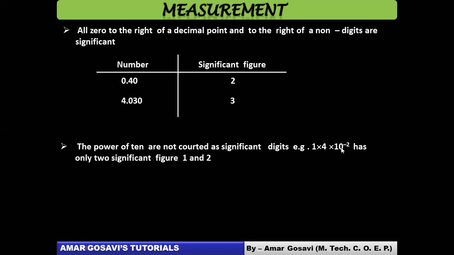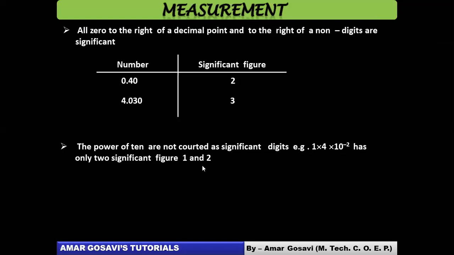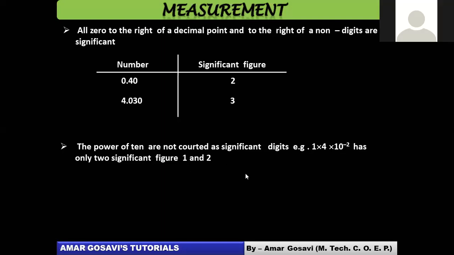These figures are not considered as significant ones. Okay. You got my point? So 10 raised to minus 2 is not significant. Only 1 and 4 is significant. Is that clear? Hopefully. Yes, sir, that's clear. Thank you. Okay.